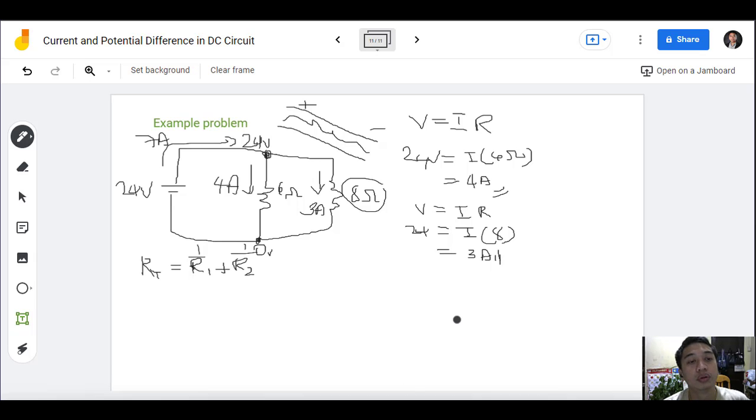Okay. Now, we will need to find the equivalent resistance, no, for this one. So, ito na yun, no, yung total equivalent resistance. So, we have to find. So, dito, makikita natin, i-divide natin yung dalawang resistor by 1 sa bawat isa.